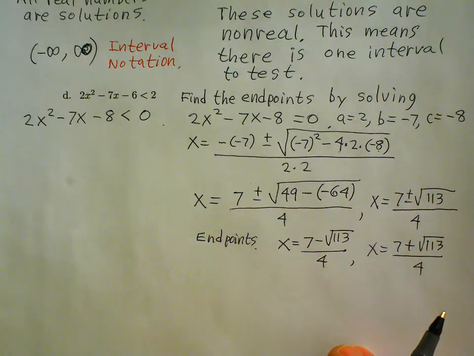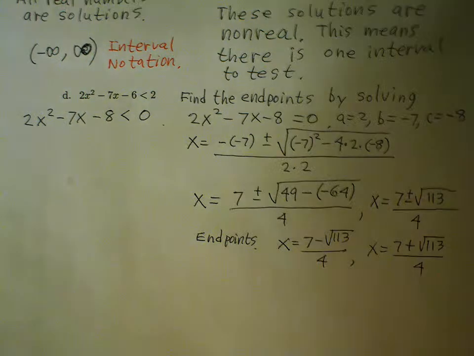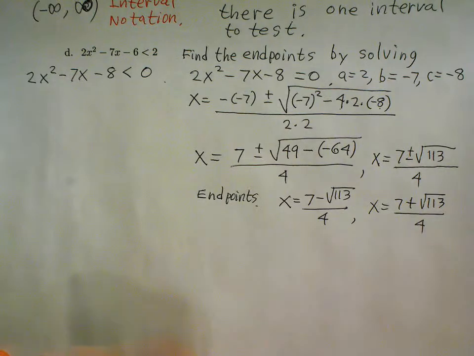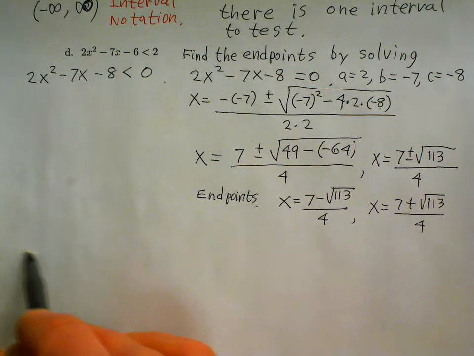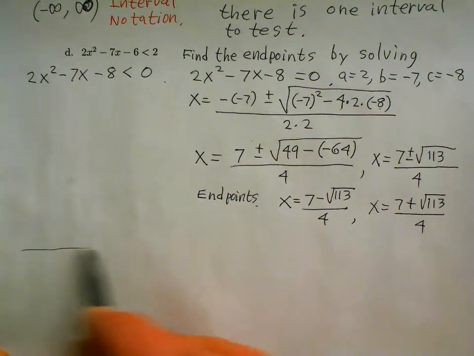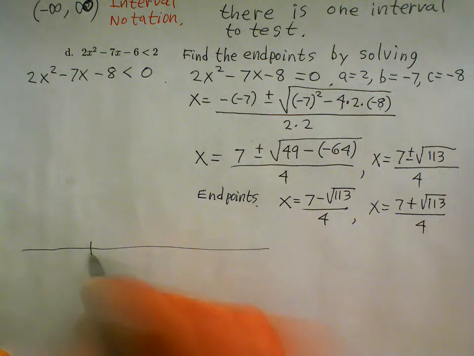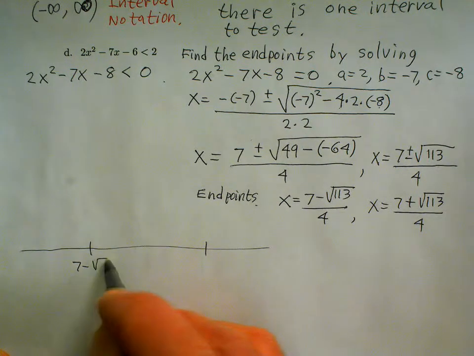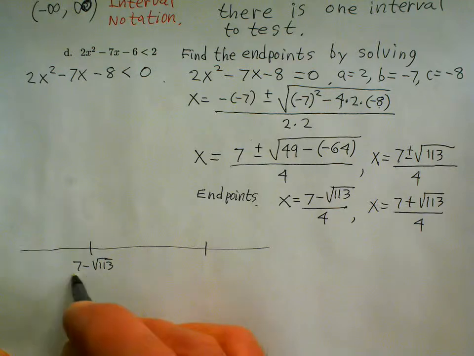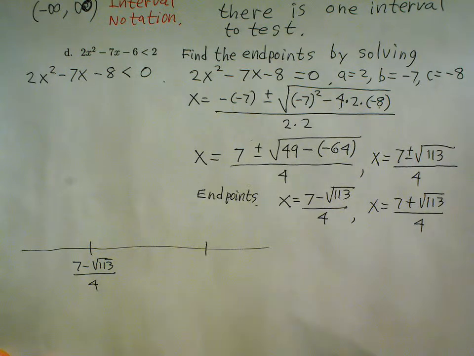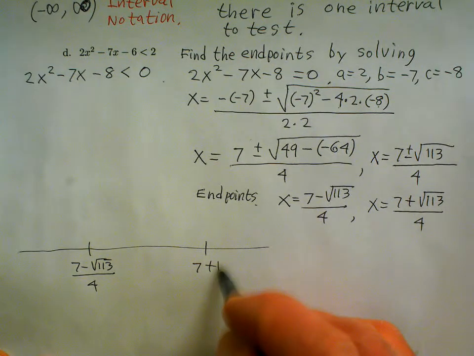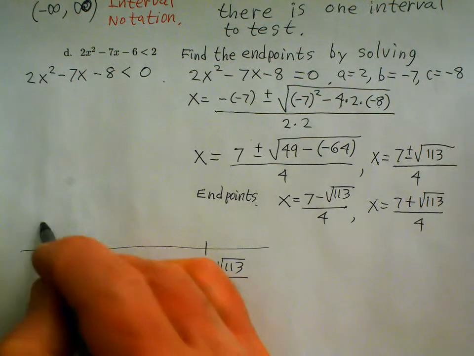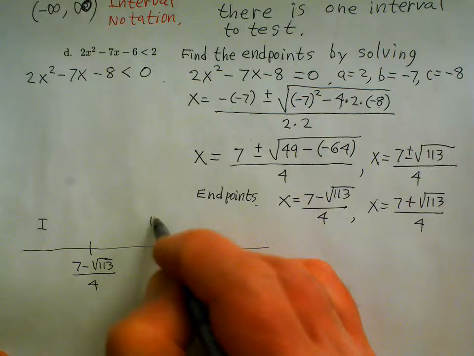Okay, in this space down here, I'll draw the number line with the two endpoints, 7 minus the square root of 113 over 4, and 7 plus the square root of 113 over 4. So we have 3 intervals to test.